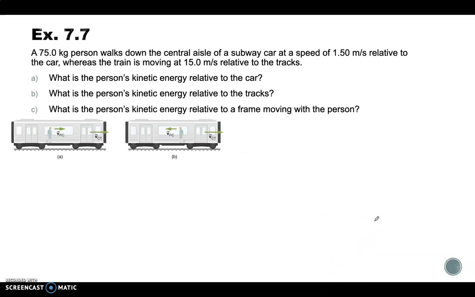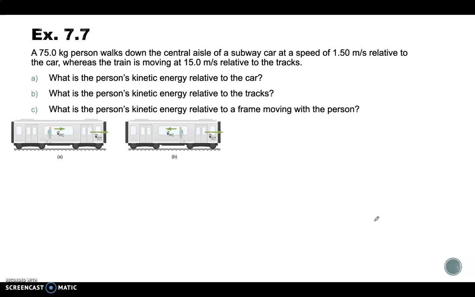Okay, so let's go ahead and look at our first example, 7.7. A 75 kilogram person walks down the central aisle of a subway car at a speed of 1.5 meters per second relative to the car, whereas the train is moving at 15 meters per second relative to the tracks.